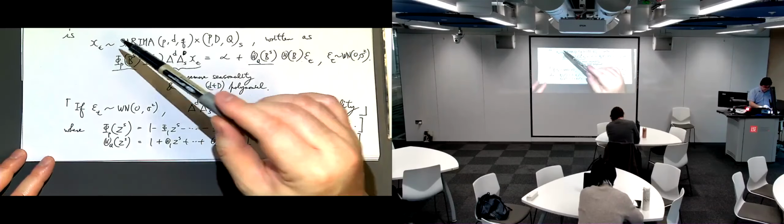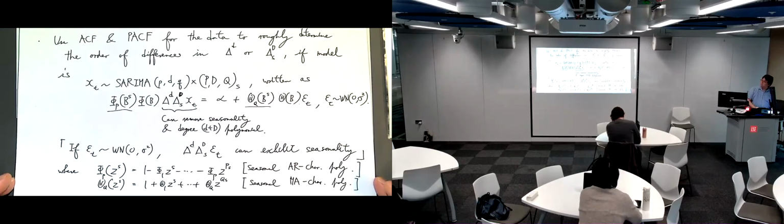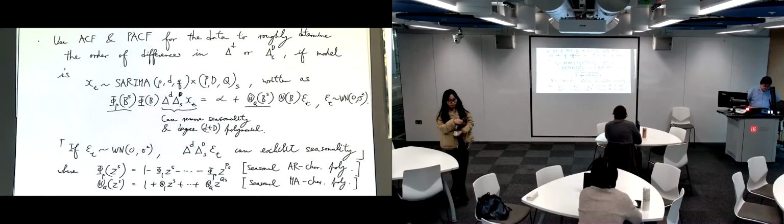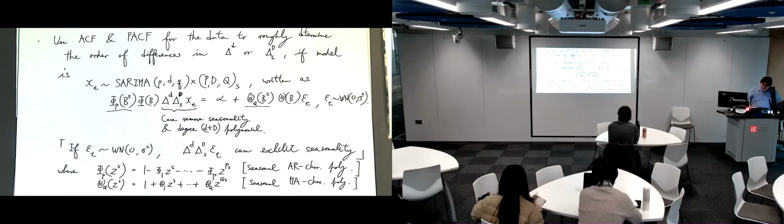So here you can try to look at ACF and PACF to see roughly the order of difference that you need to make XT look more stationary.